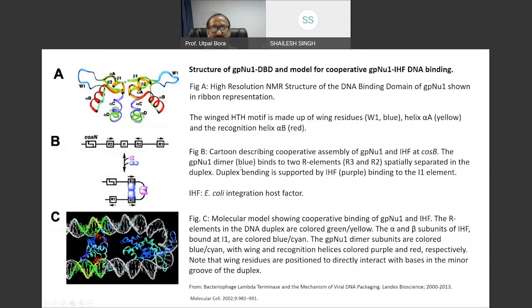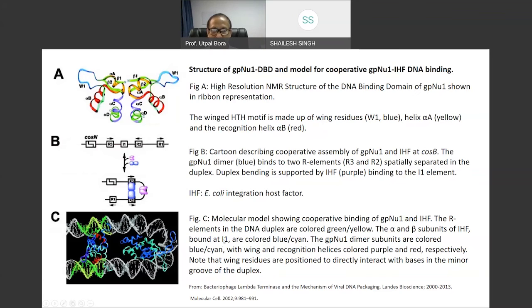The GPNE1 dimer, in blue, binds to two R elements, R3 and R2, spatially separated in a duplex, and the duplex bending is supported by IHF, which is purple in color. So here you can see the IHF, E. coli integration host factor, and in figure C you see the molecular model showing the cooperative binding of these molecules, GPNE1 and IHF.